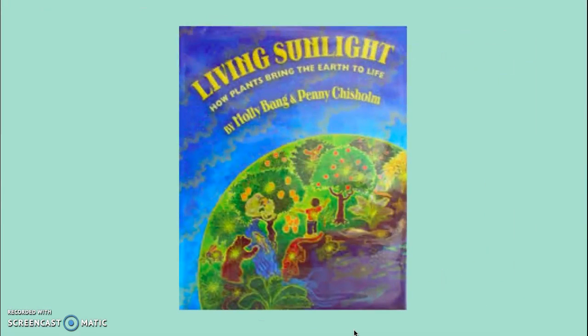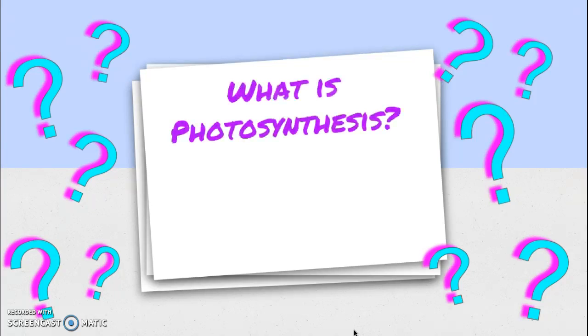So first, let's read this book called Living Sunlight: How Plants Bring the Earth to Life. So now that we've read the book, we need to talk about a very important concept, which is photosynthesis. So what is photosynthesis?